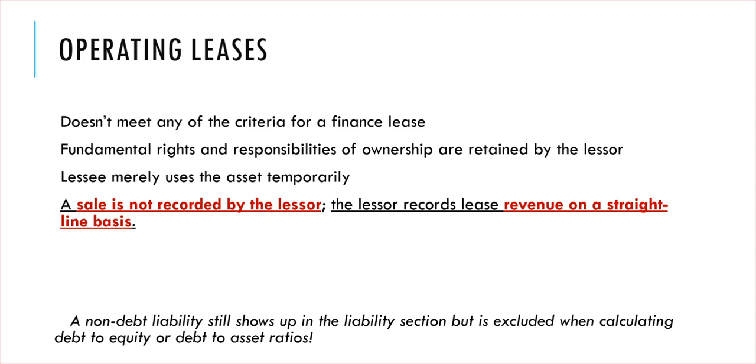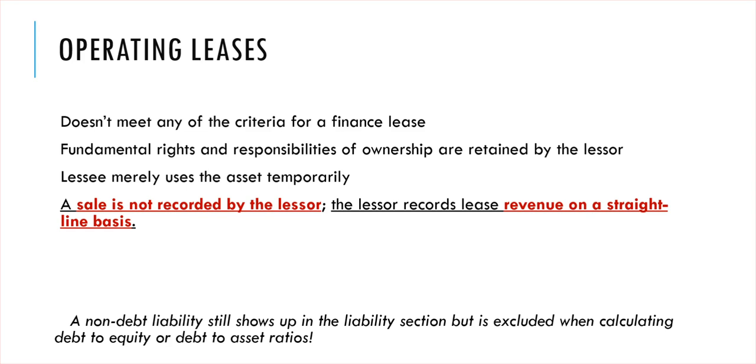And then lastly, and this is the one in Learning Objective 8, I do expect you to understand how to make these calculations. And that is when you have what I call the bargain purchase option. The new lease rules say just a purchase option that is expected to be fulfilled. They don't say a bargain purchase option anymore, but I like the BPO concept, so I still use it.